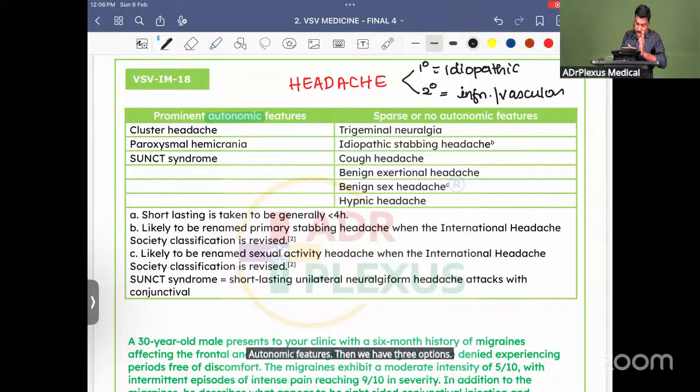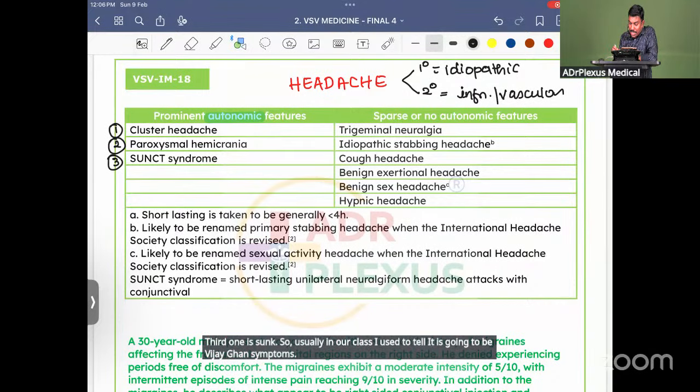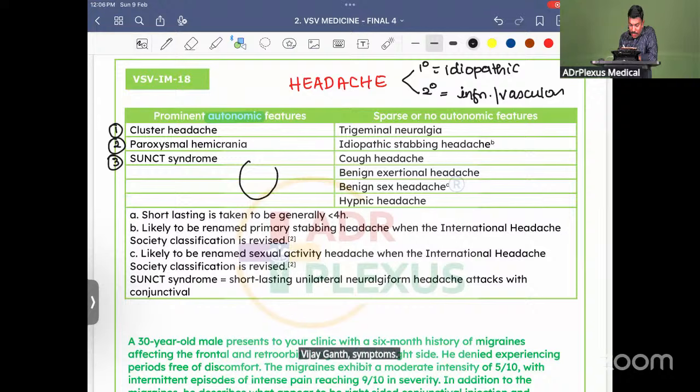The first one is cluster headache, then paroxysmal hemicrania, and the third one is SUNCT. In our class, I used to call these the autonomic symptoms. What autonomic symptoms is the patient going to have?